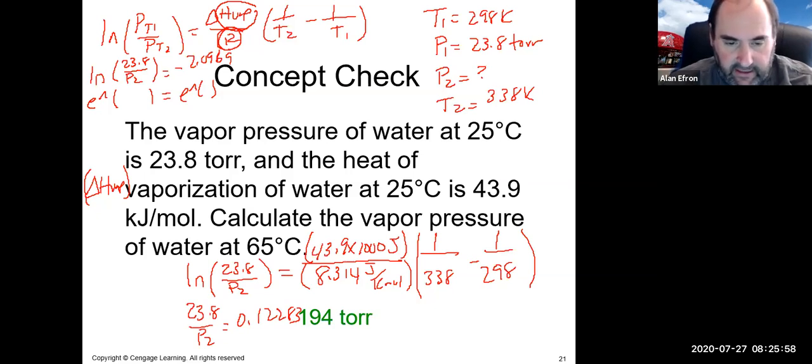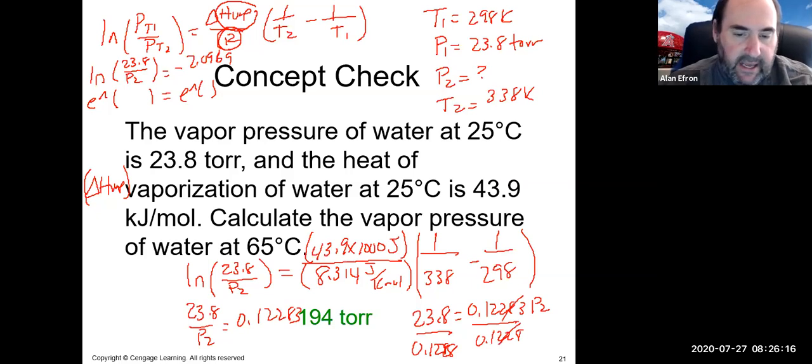So if you do that, you will get 23.8 equals 0.12283 P2. Divide this back to the other side, those cancel, and you end up with about 194 torr, as you can see here.